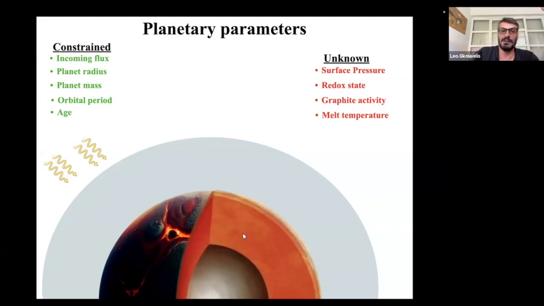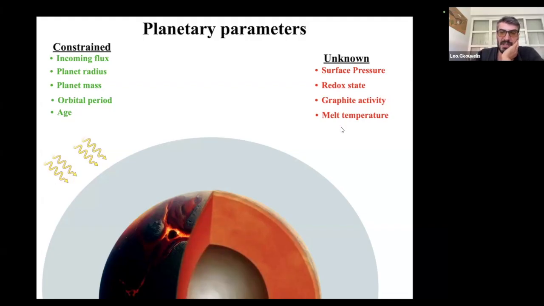Is it more hydrogen, or more oxygen and carbon bearing species? The graphite activity is one parameter that tells you, of the graphite in the interior of the planet, what percentage is in liquid form and what percentage is in microcrystals or rocky form. And the melt temperature, of course, is the temperature in the interior of the planet.